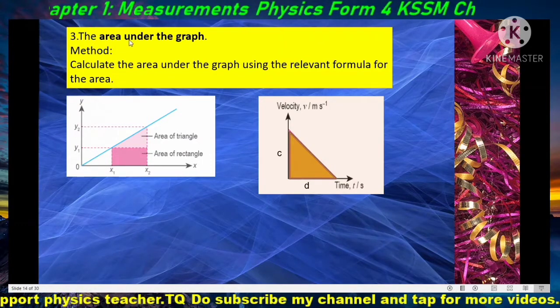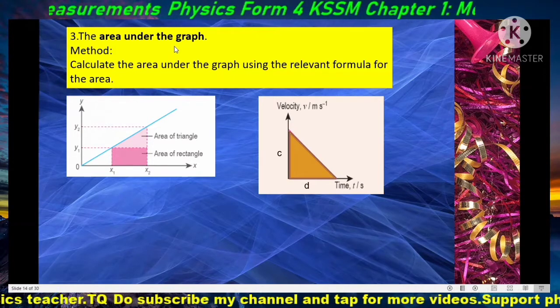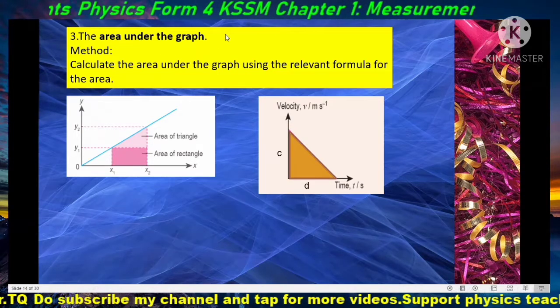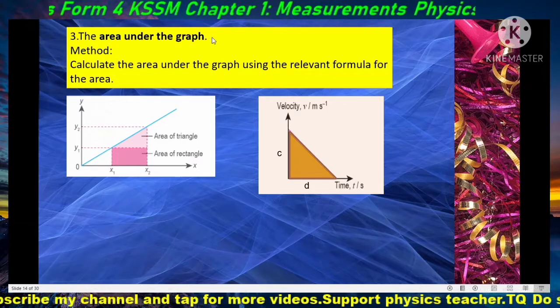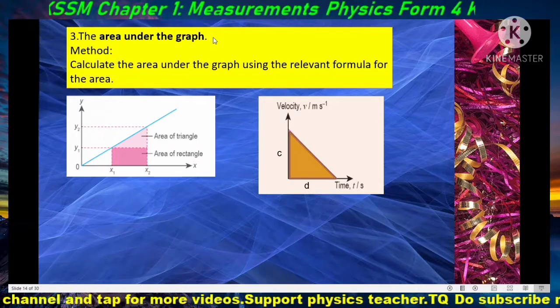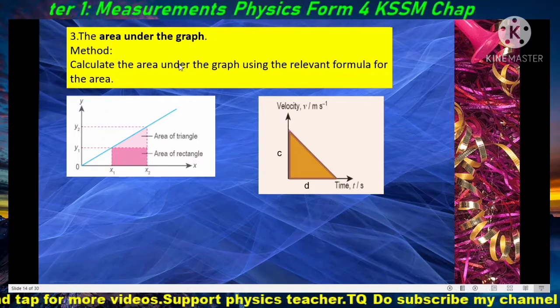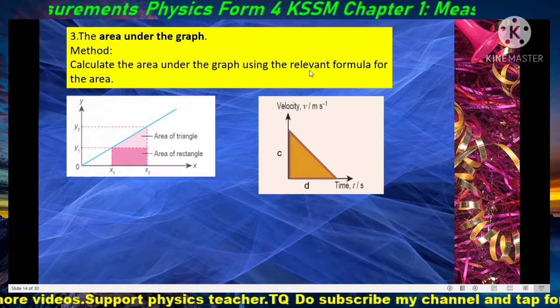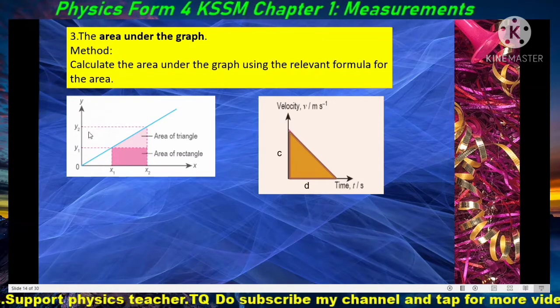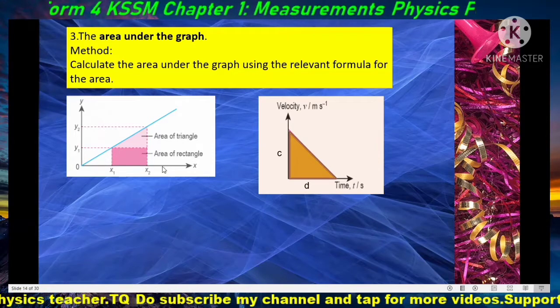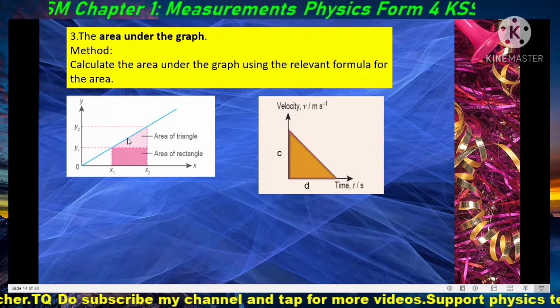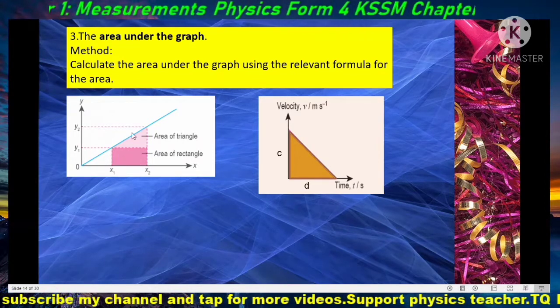The third one is area under the graph. Sometimes the area under the graph will give another physical quantity. The method is to calculate the area under the graph using the relevant formula for the area. For example, in this graph, they want you to determine the area under the graph from this point to this point.